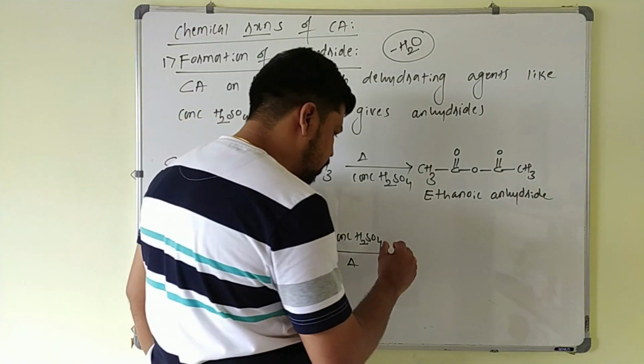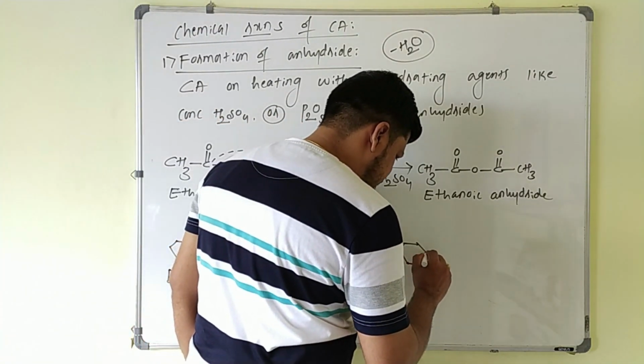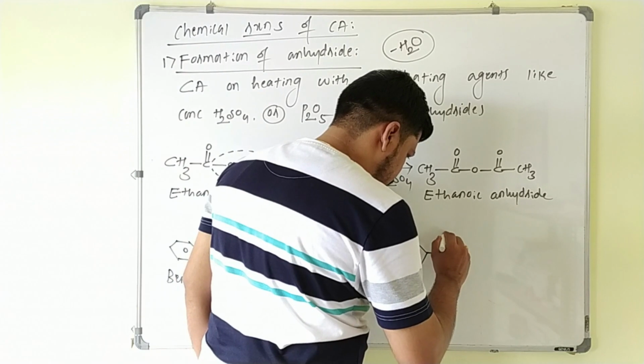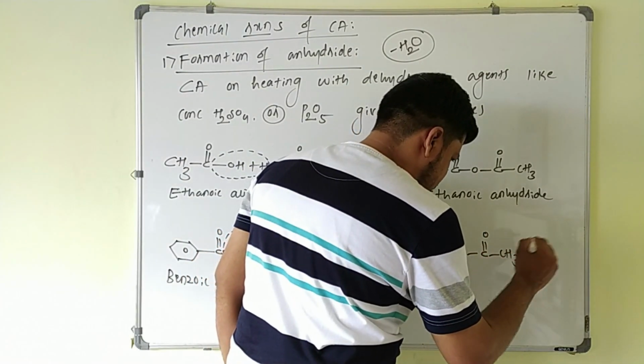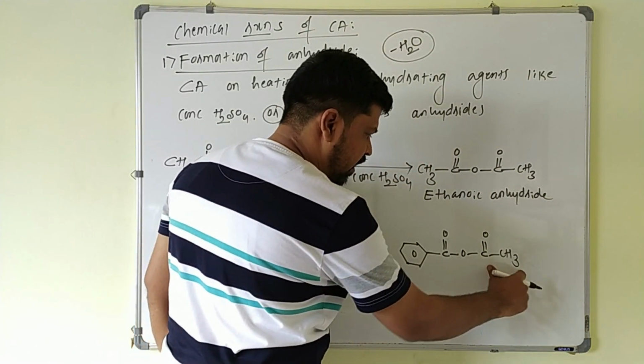Now the anhydride formed will be what? You will get a benzene ring, C double bond O C double bond O CH3. This is benzoic ethanoic anhydride.